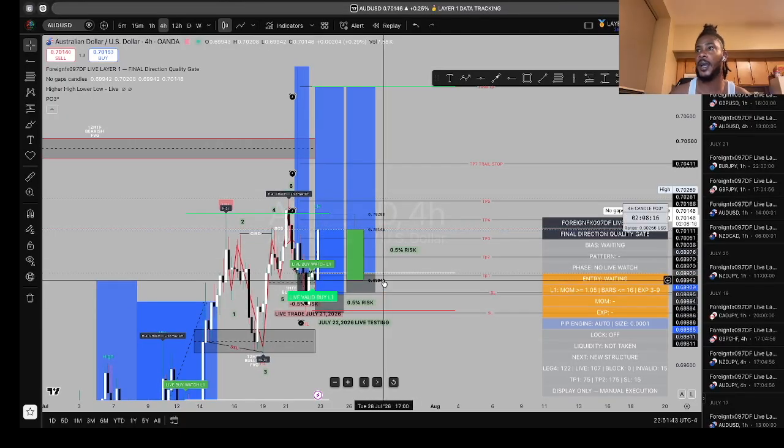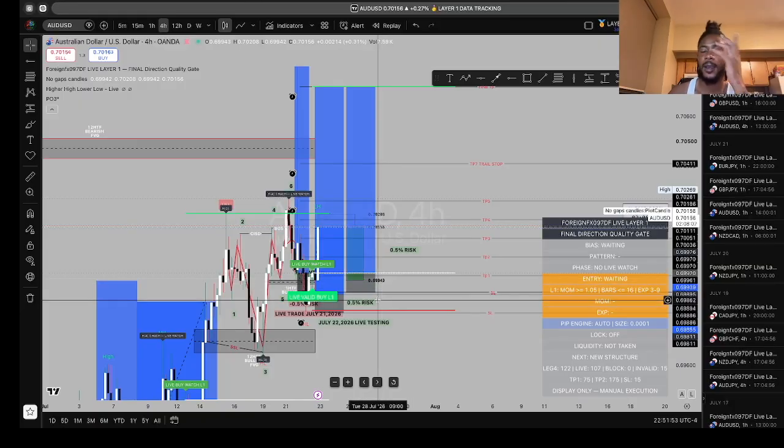On this trade, I have 1% in rather than 0.5%. Why? Price triggered the second entry first, and I just set a buy stop. So once price showed momentum going up, it triggered the first entry. That is why I have 1% risk on this trade.